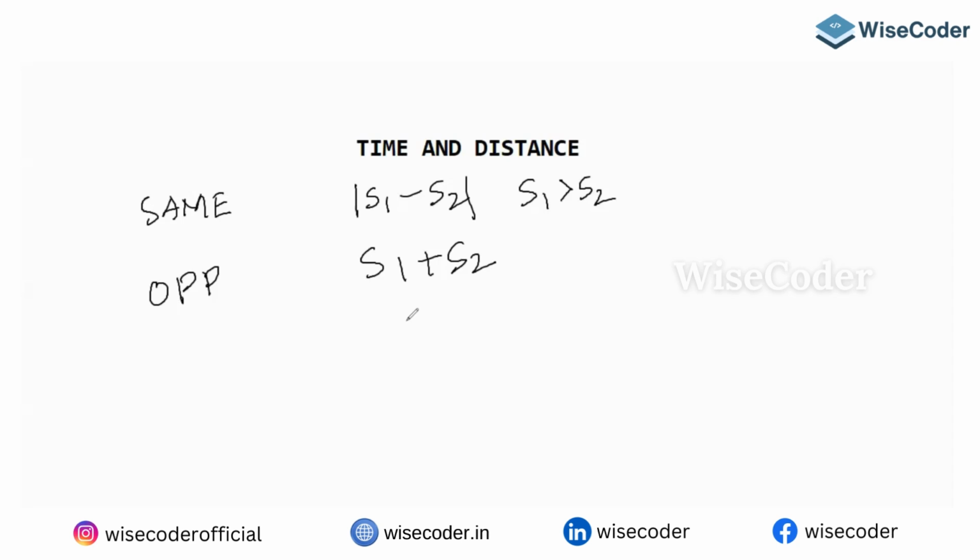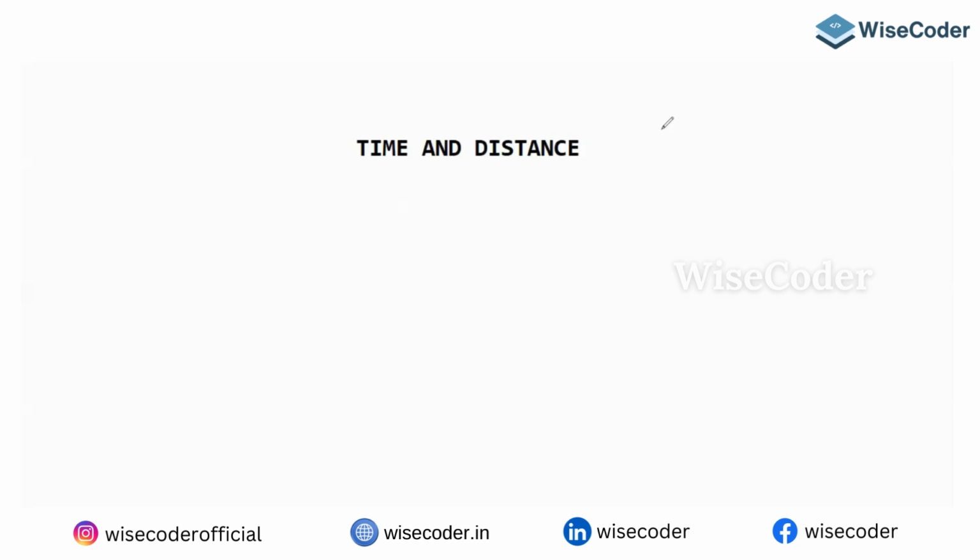A train starts from Hyderabad at 10 a.m. with a speed of 60 km per hour.